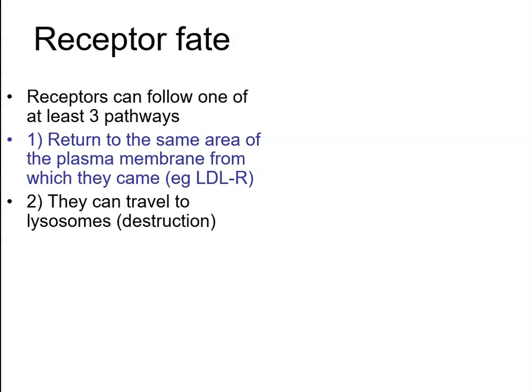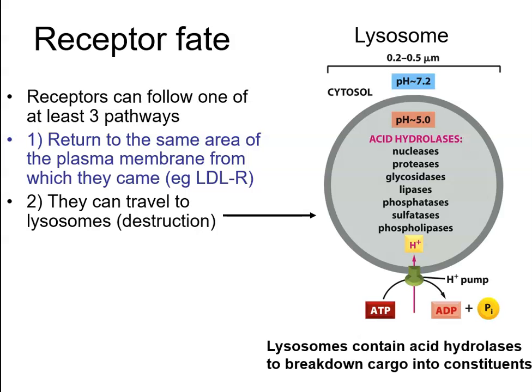The second one could be travels to the lysosomes for destruction, and this shows the difference in pH. The cytosol pH 7.2, pH of a lysosome is about pH 5, and it contains all of these enzymes, so anything that goes into there will be stripped down to amino acids, nucleotides, lipids and cholesterol. Phosphates will be stripped off, and everything can be recycled.